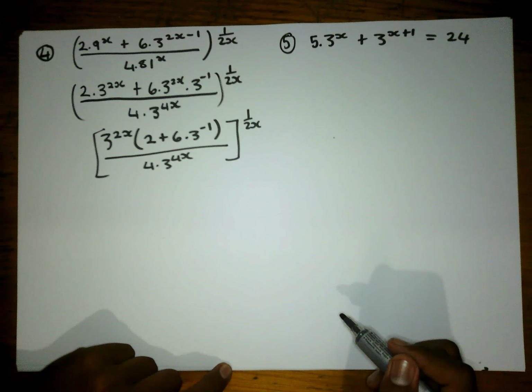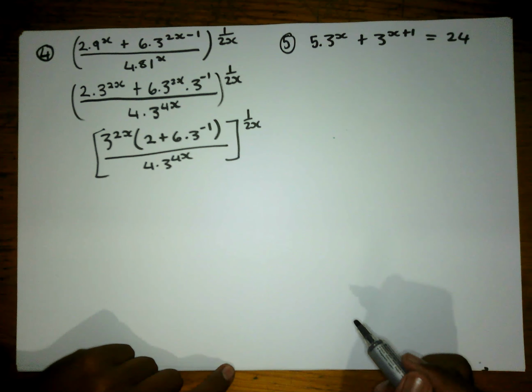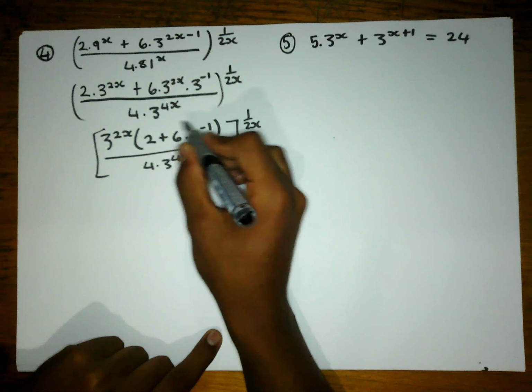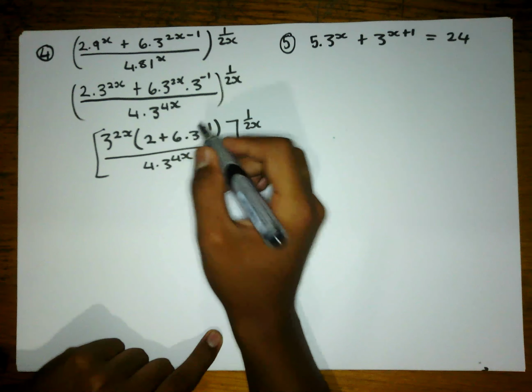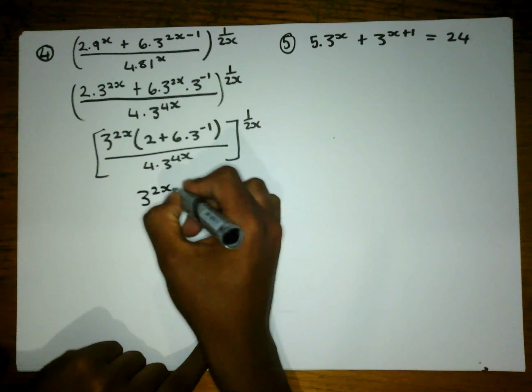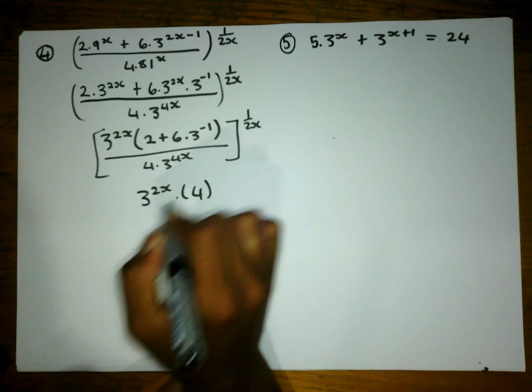Okay, what do we do now? Now let's simplify this in here in the calculator. Then we're going to get 3 to the power 2x times 4, like that.